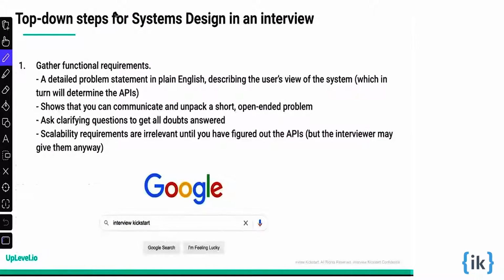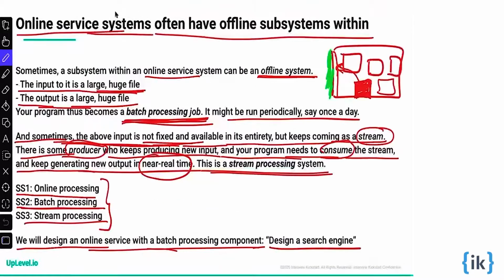Now, in a systems design interview, the way you would be asked to design the system is by means of a very brief problem statement. For example, it could be design a search engine, right? It could be a generic search engine for product search, could be Twitter search, any kind of search engine in any context. We'll think of a search engine like Google for the purpose of this presentation.